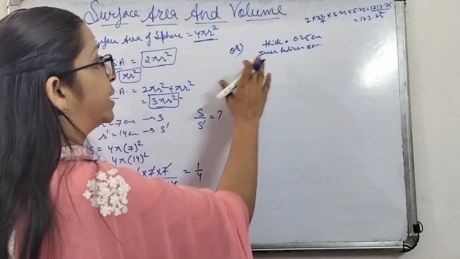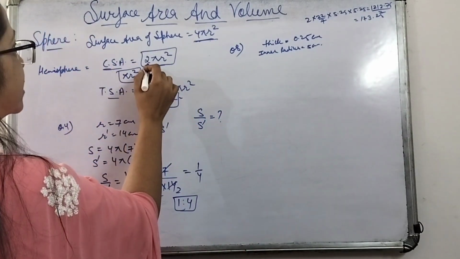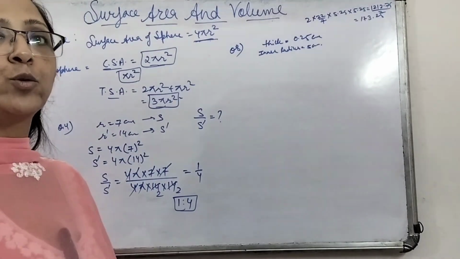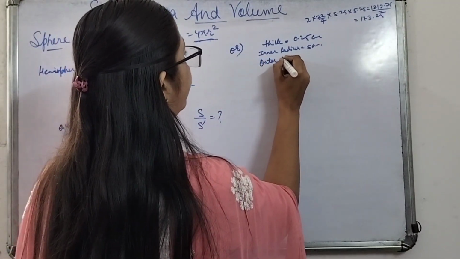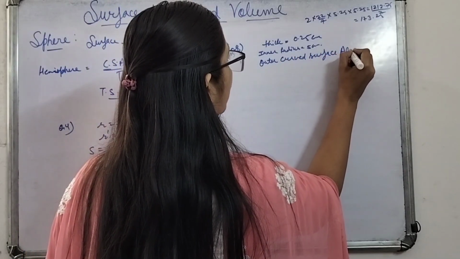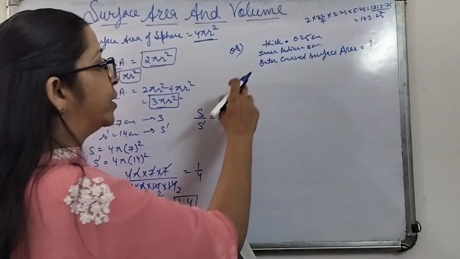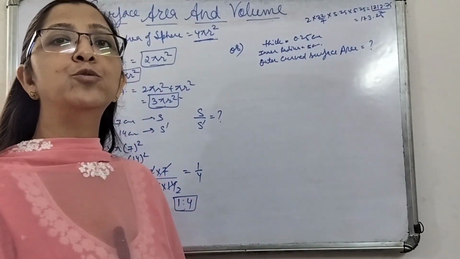So it is a hemisphere given to us. For the hemisphere, the curved surface area is given by 2 pi R square. Now the outer curved surface area is asked. Now see over here, inner radius is given to us and thickness is given to us as 0.25.